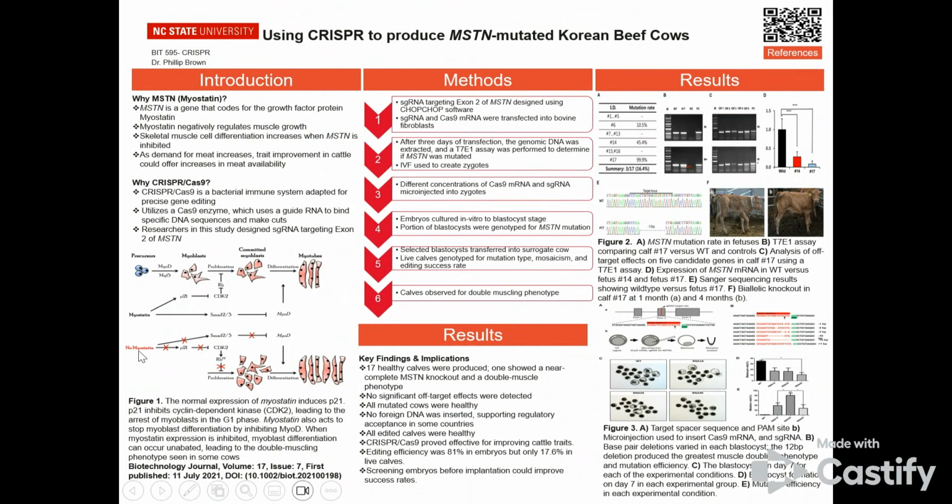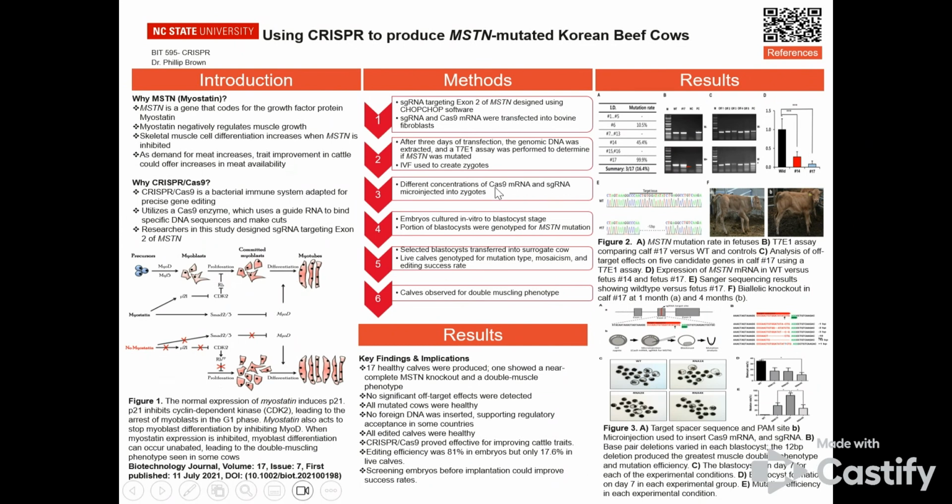Now, when myostatin is not present or active, you don't have that production of P21, you don't have that cyclin-dependent kinase 2 inhibiting the proliferation and differentiation, and you get a lot more skeletal muscle differentiation, hypertrophy. And that leads to what's known as a double muscling phenotype.